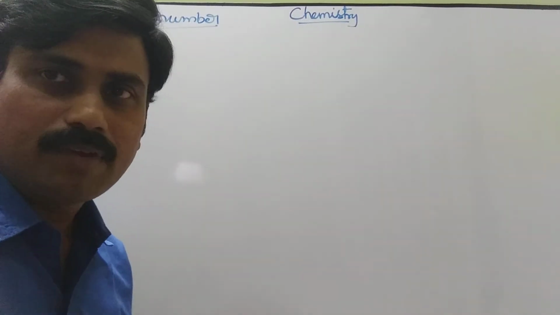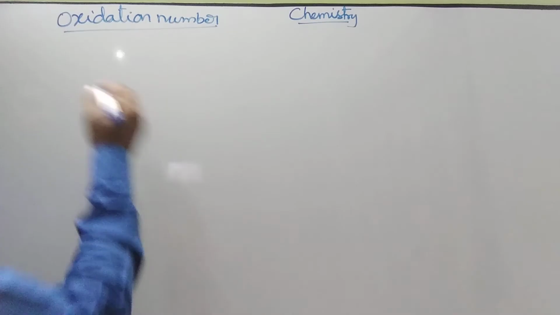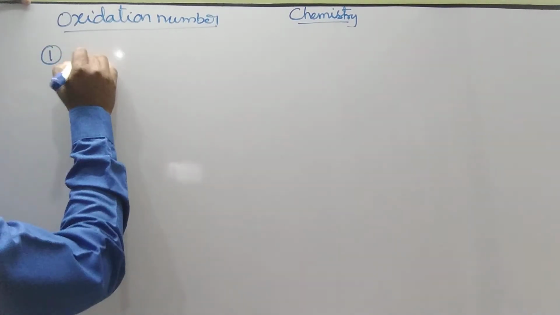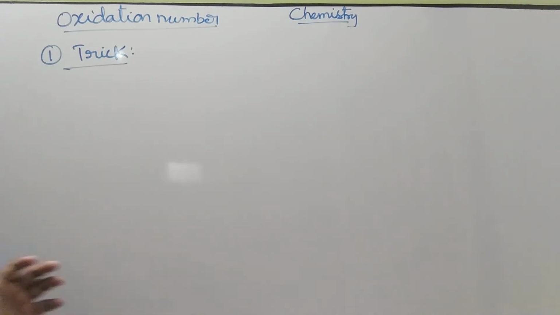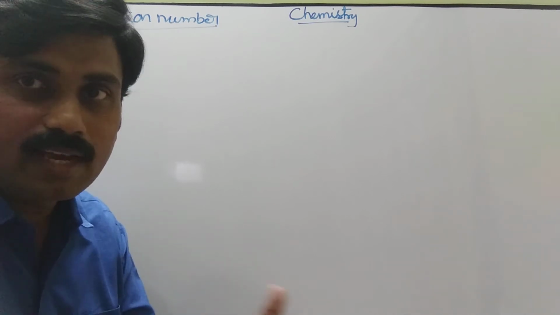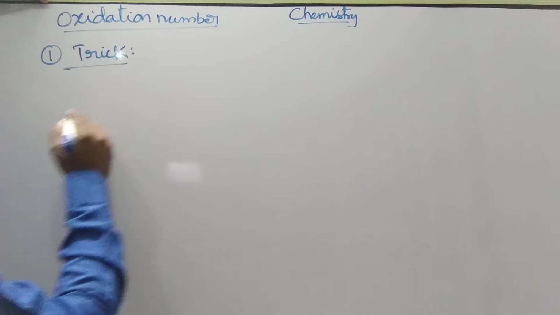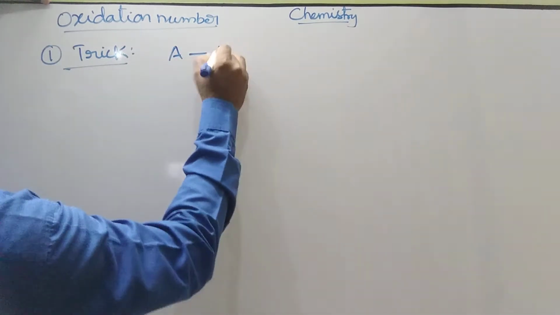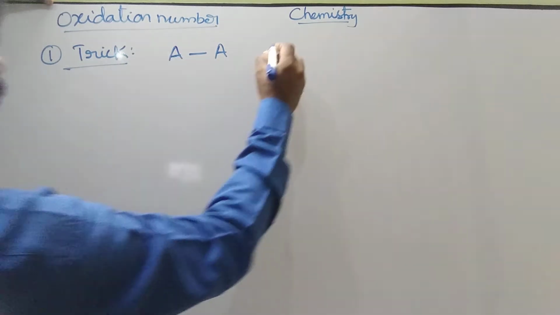For calculating this type of compounds, we have to follow a few tricks. Look at the first trick. First case: suppose identical atoms. Between the identical atoms, a single bond, double bond, or triple bond, whatever the type. Suppose a single bond A between the two similar atoms.